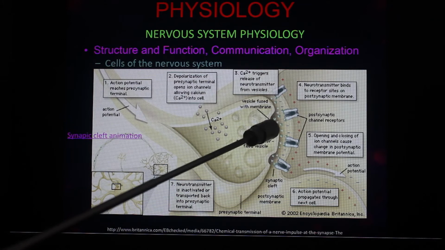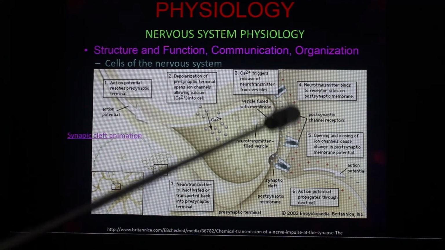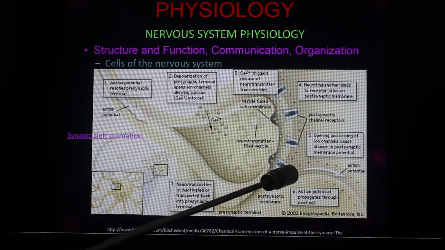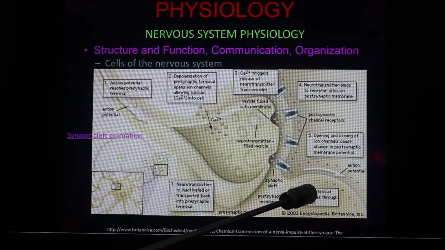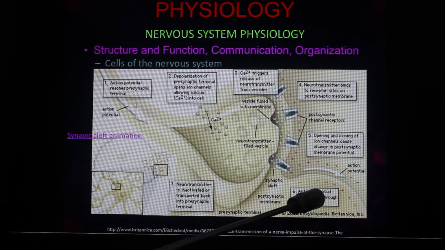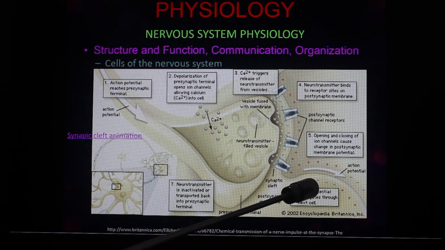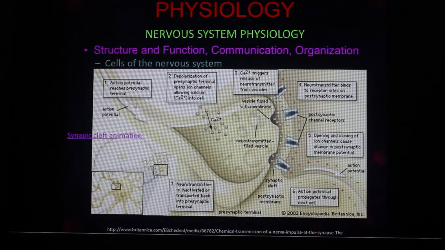So these neurotransmitters bind to the channels of the dendrites of the next neuron, and this creates a membrane potential difference, causing it to change polarity and start again the same potential towards the target organ.